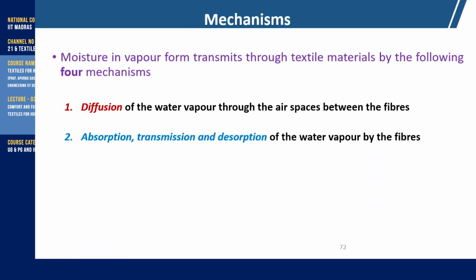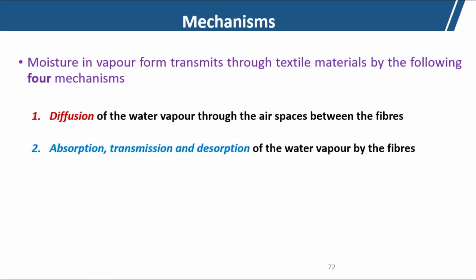Next is absorption, transmission and desorption: the fiber absorbs the moisture vapor, it transmits through the fiber material to the other side, and on the other side it is desorbed.